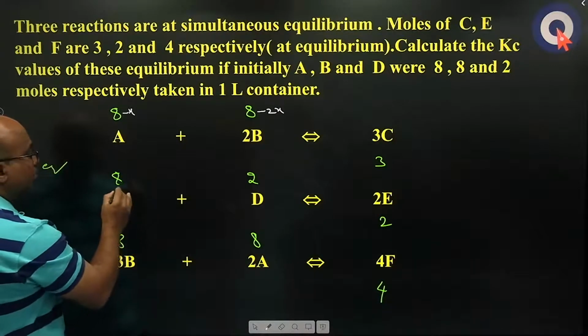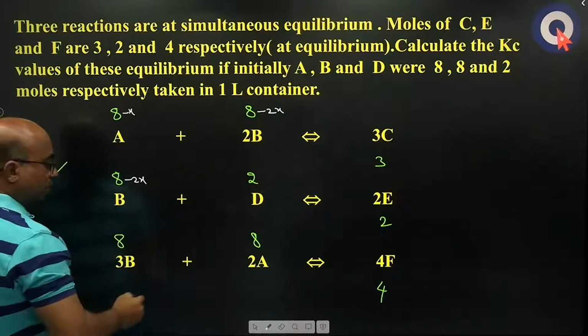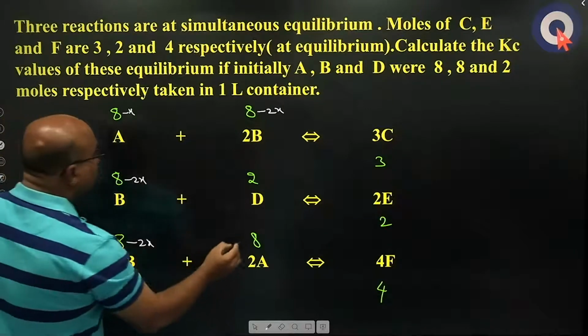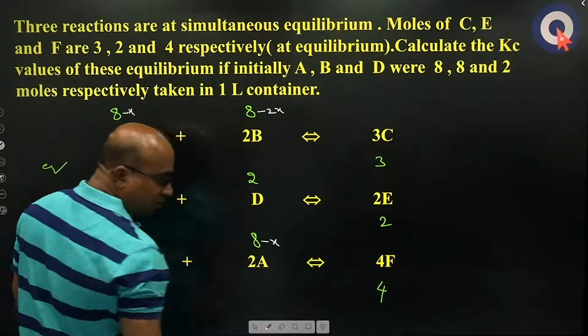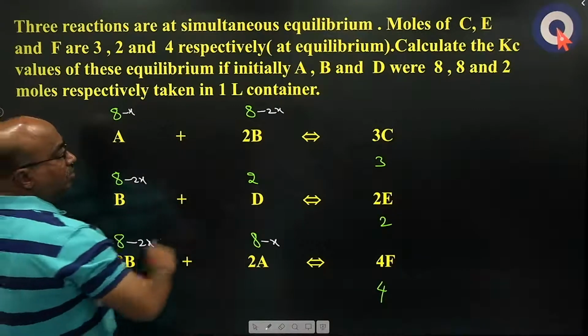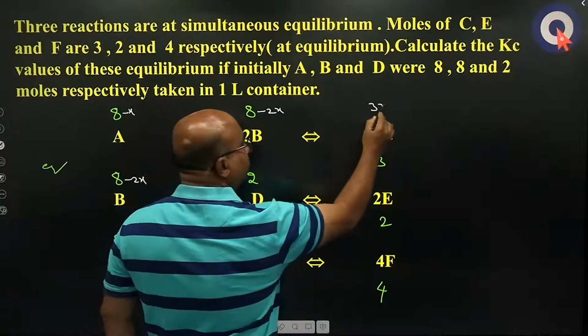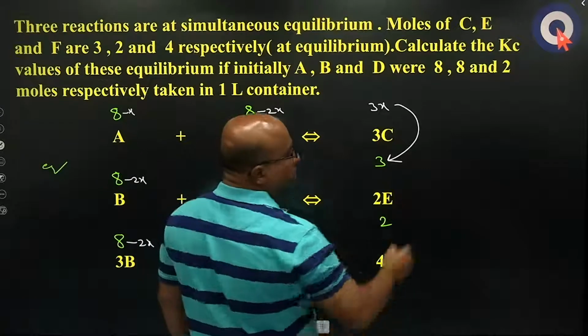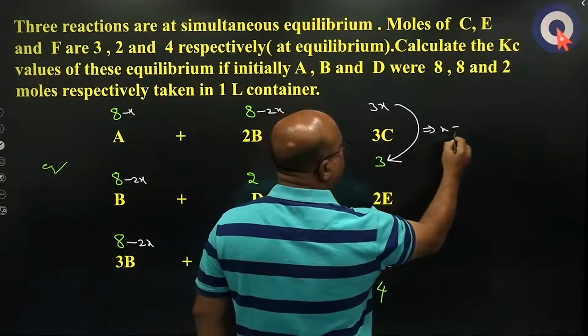So this also becomes 2X immediately, this also becomes 2X immediately, and this also becomes 8 minus X. So now how much of this will you get? You will get 3X. Your 3X value is nothing but equal to 3. So that means here you will get X equal to 1.